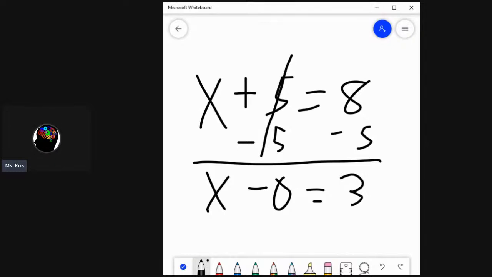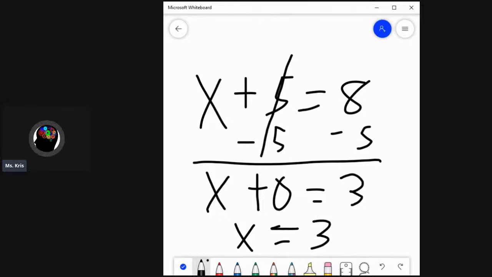So then, x minus 0, well, correction, x plus 0, because the 5 was being added, so therefore we would still do a plus 0. So x plus 0 is identity. Identity says x plus 0 is x, and of course, x will equal 3.